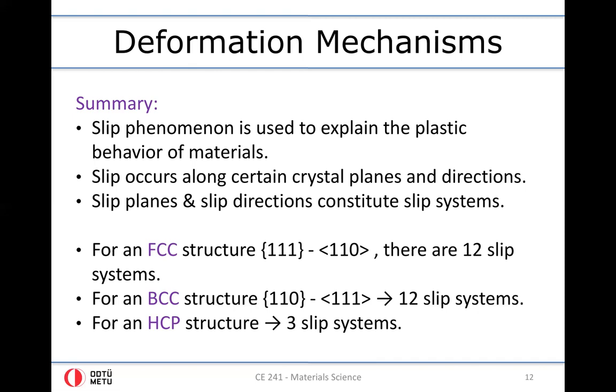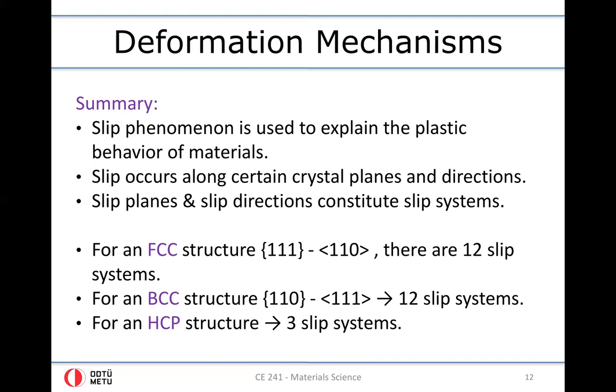So that is probably the first thing you should consider. But although FCC and BCC metals have the same number of slip systems, FCC metals, for example copper, gold, silver, lead, aluminum, are usually soft and ductile. They can be bent and shaped easily.